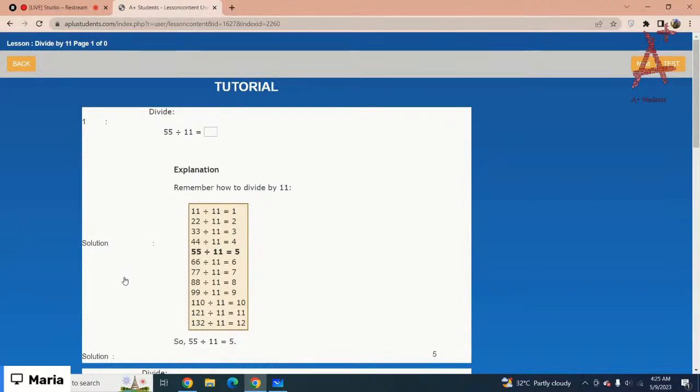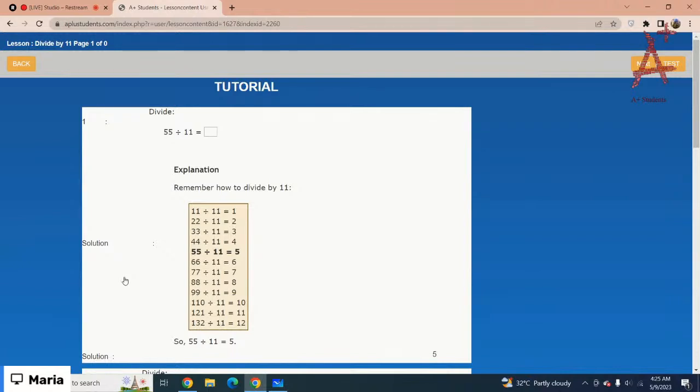55 divided by 11 equals? 11 times 5 is 55.